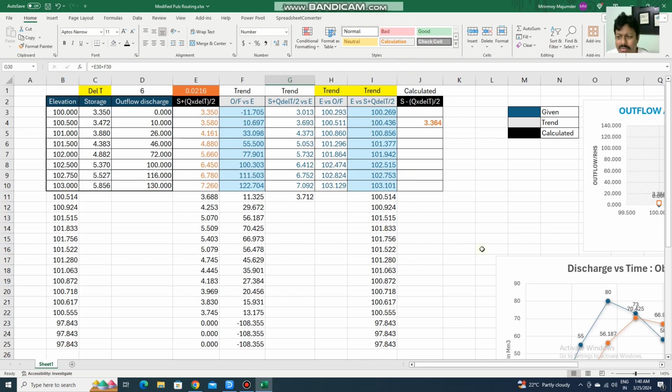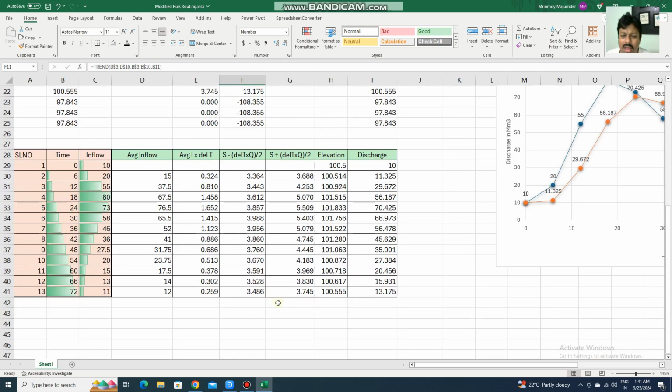I already discussed that. So according to that trend function, it will give you the corresponding elevation, and from the other curve of outflow versus elevation, you will get the outflow of that elevation. So first this RHS was calculated. Once you put it into here, elevation will be given, and then when elevation is given, discharge will be given. So put this new discharge and new elevation here.